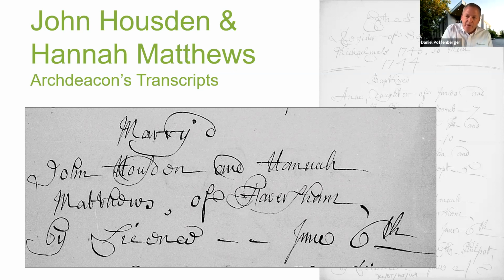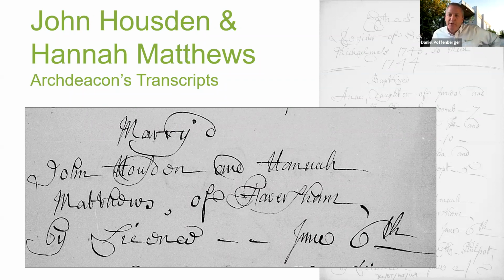Now, you have these archdeacon's transcripts in Kent, and this is a typical marriage in 1744. You have John Housden and Hannah Matthews of Faversham were married by license on June 6th. The classic kind of information you would expect from an English church record marriage at this time.